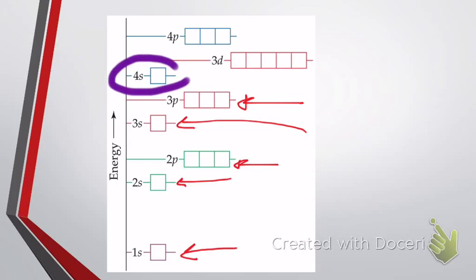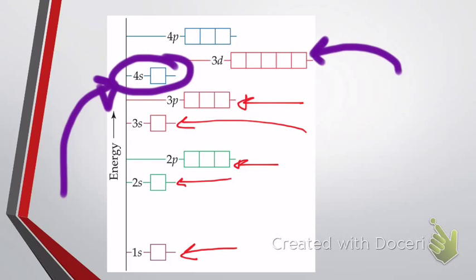Instead, it's the 4s. It's actually a little easier to put electrons into the 4s orbital than into the 3d orbital. That's because you're going to have up to 10 electrons in the 3d, and they're going to be higher in energy because they repel each other a little bit more than just the 2 that are in 4s.